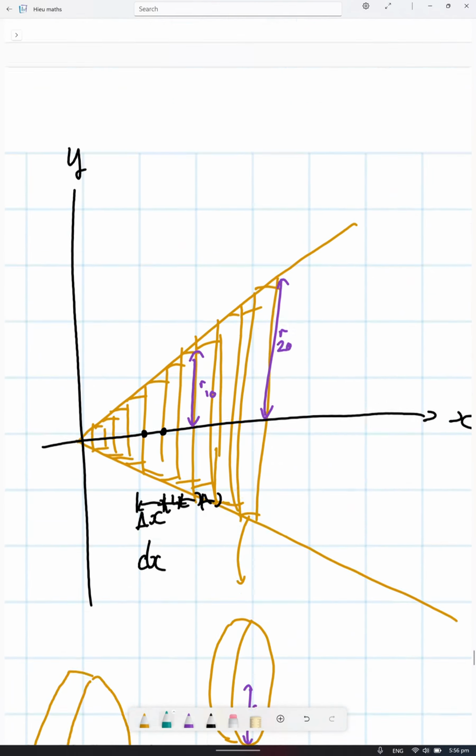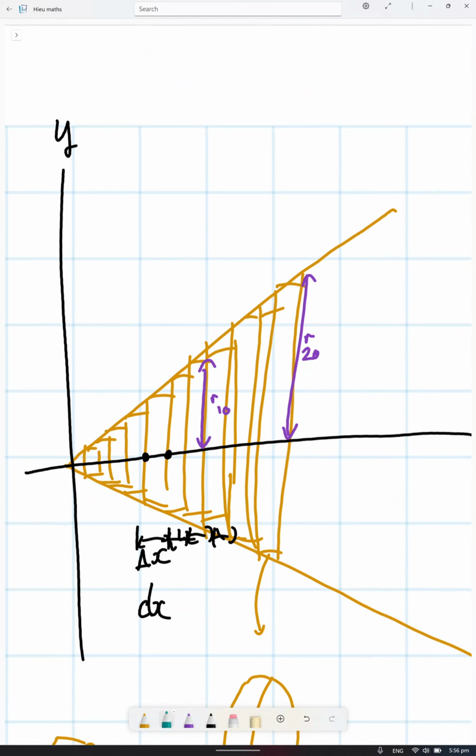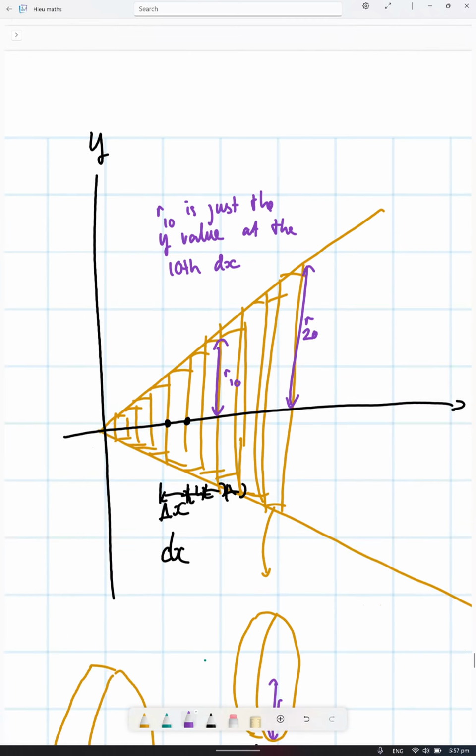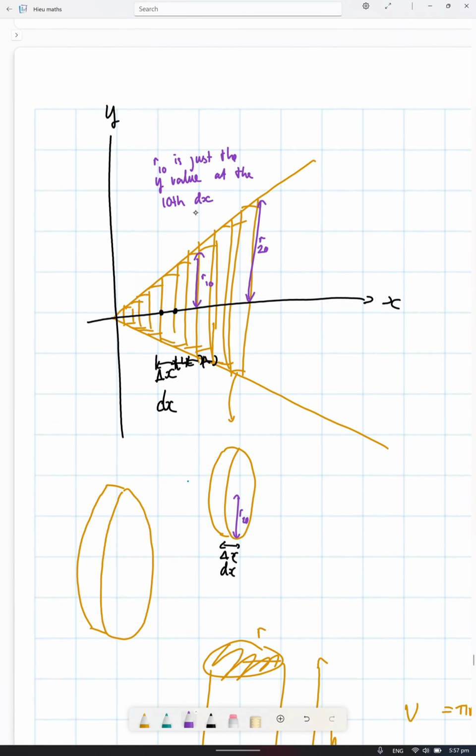Remember that R10 just means the y value at the 10th dx. I'm going to write it down just in case I'm confusing. Let's say R10 is just the y value at the 10th delta x.